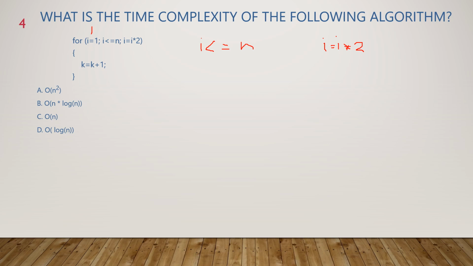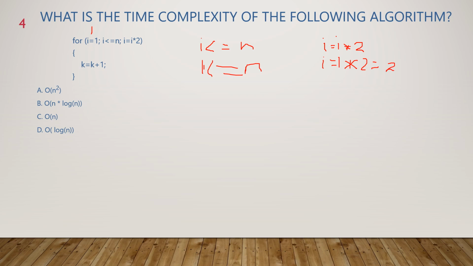Here when you see, i is 1, and 1 is less than or equal to n. After this operates, the loop returns back to i. Here i is 1, 1 times 2, then how much will this be? This is 2.